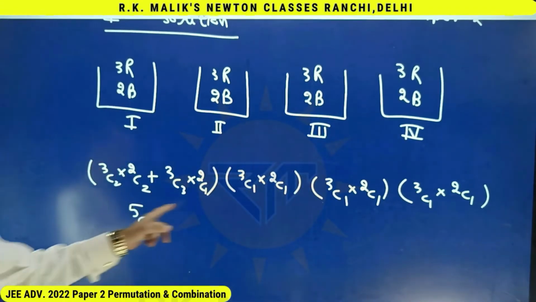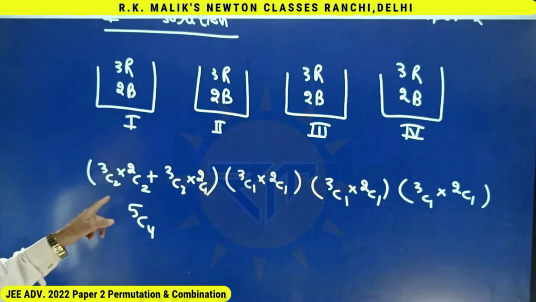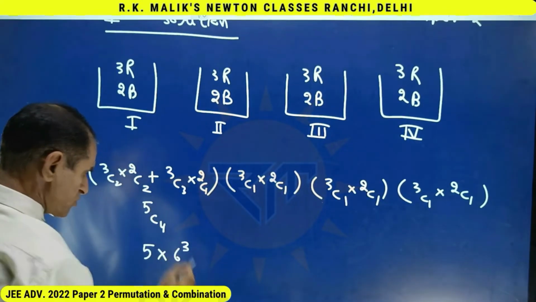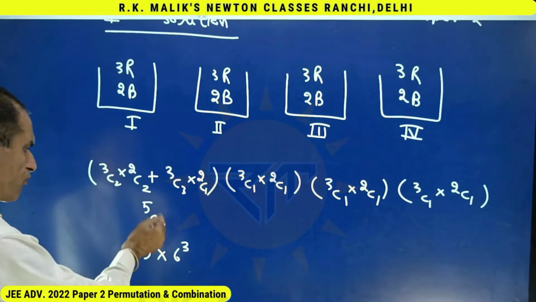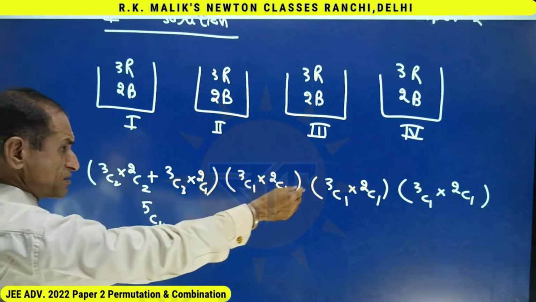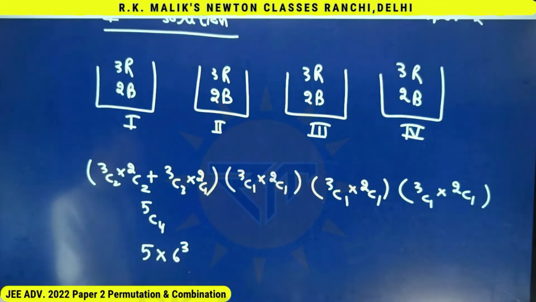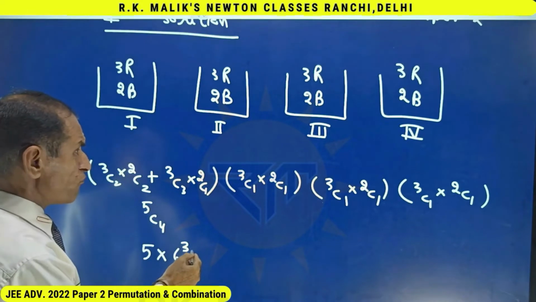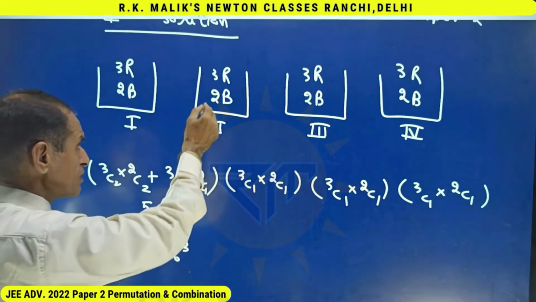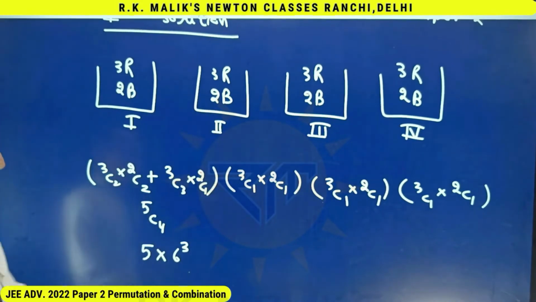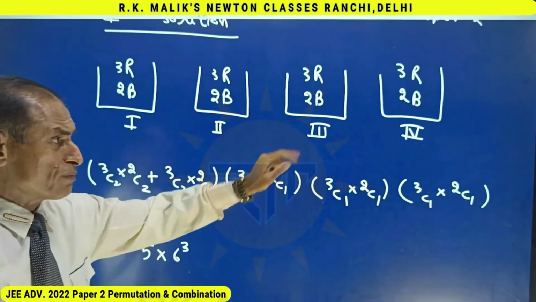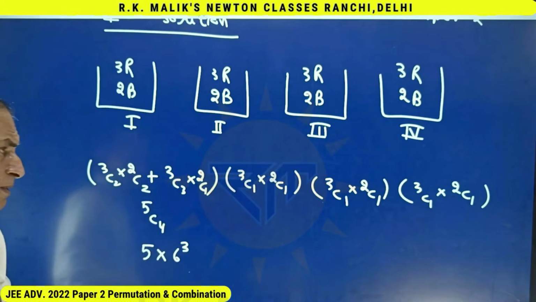For that, the number of ways is 5 into 6 cube, because 5 3 4 is 5 and this is 6 6 6. And similarly this many cases will be there when 4 balls have come from the second bag. Similarly this many cases will be there when 4 balls have come from the third bag, and similarly for the fourth bag.